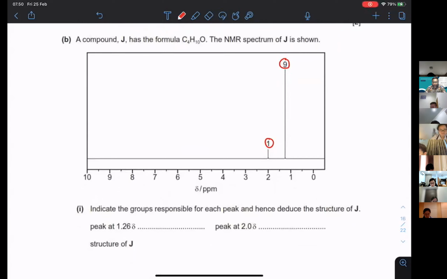For 9, I think you do not need to think so much. The moment you have 9, it must be CH3, CH3, CH3. That is the only thing that will give you 9. But if you are not sure, you can always check the peak at 1.26.